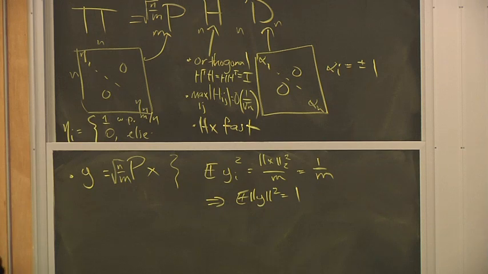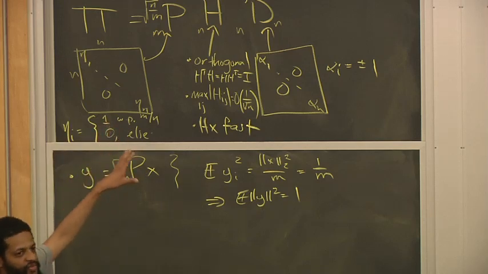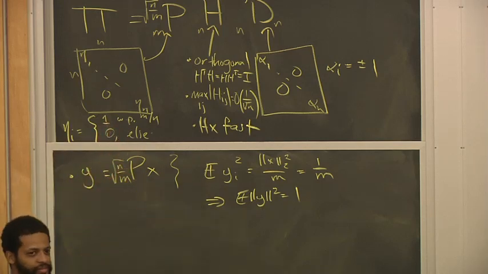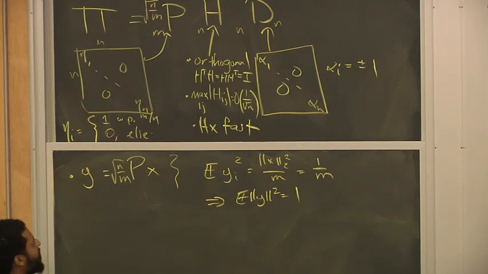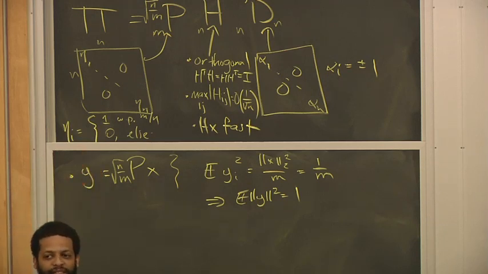Now, the intuition here is actually from physics. It's from quantum mechanics. I don't know if people have heard of the Heisenberg uncertainty principle. Maybe you've heard it in popular culture, even if you don't know what it is. Let me not be too precise, but basically what it says is that for any vector x, it cannot be the case that both x and Hx are concentrated in few coordinates.